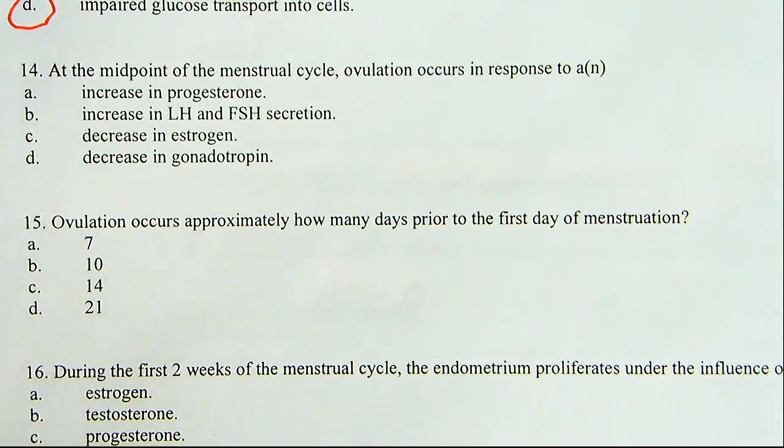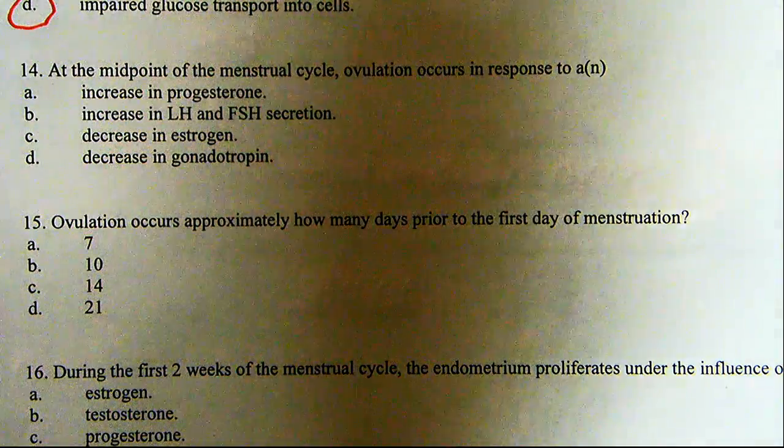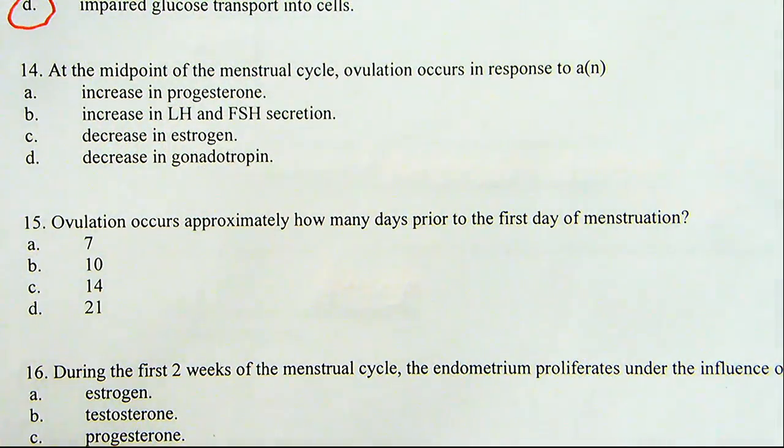14. At the midpoint of the menstrual cycle, ovulation occurs in response to what? It will be a decrease in estrogen.